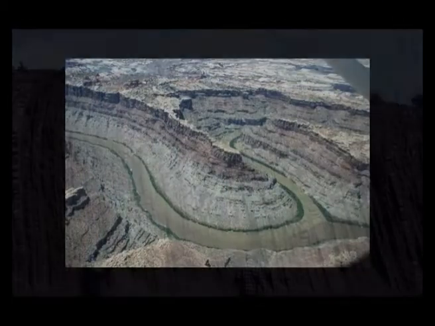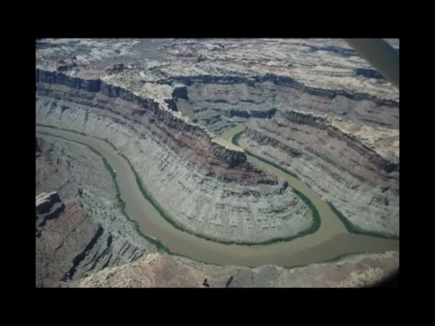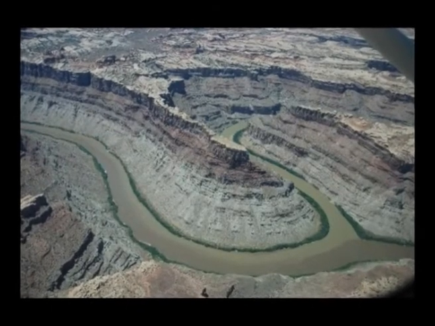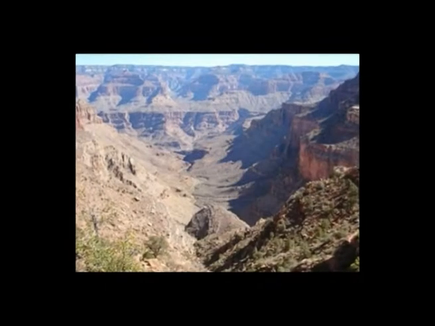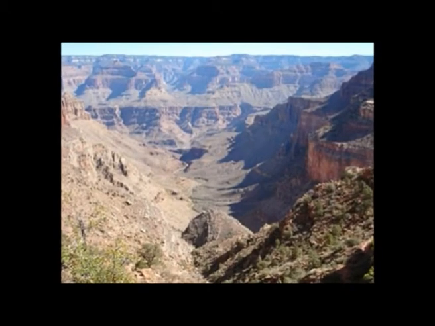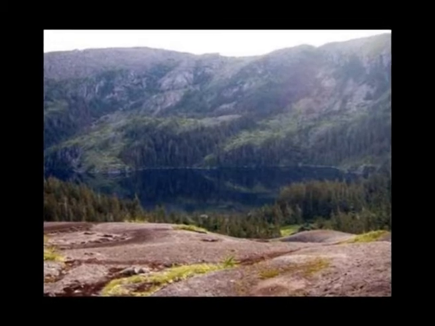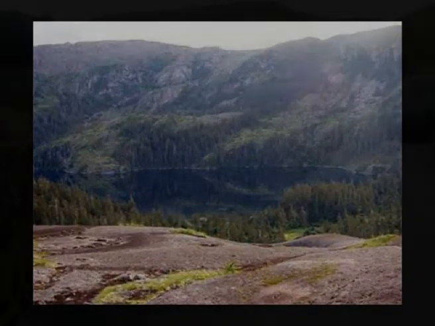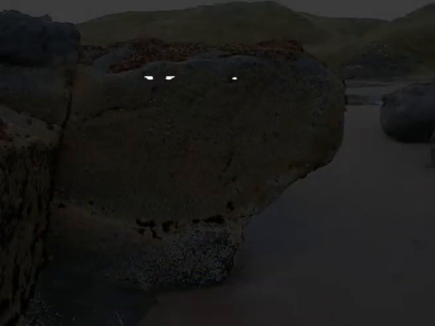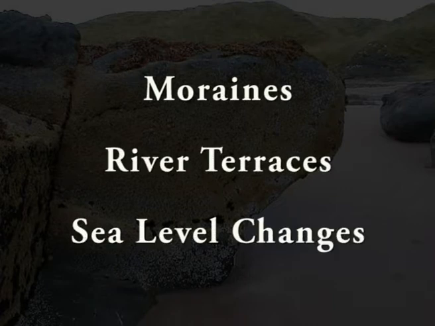Among these evidences, river terraces are considered to be archaeologically significant because these occur in stratified condition, while the remaining other evidences occur in unstratified position. Here our main concern is on moraines, river terraces, and sea level changes.